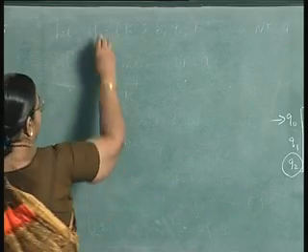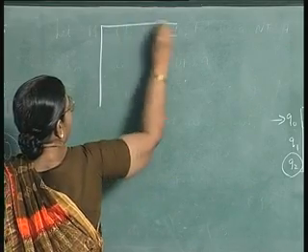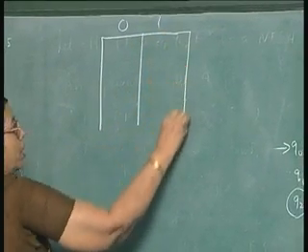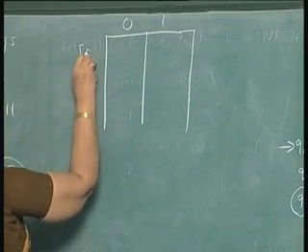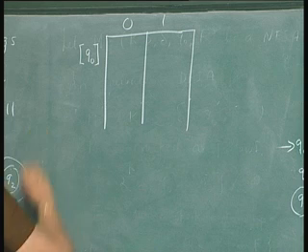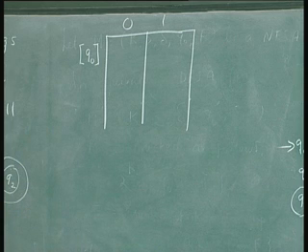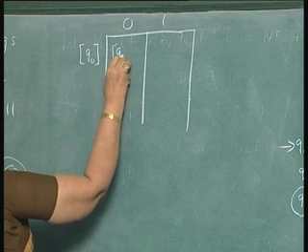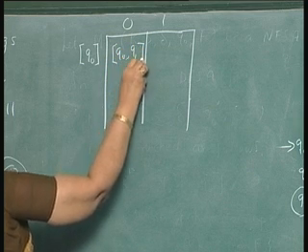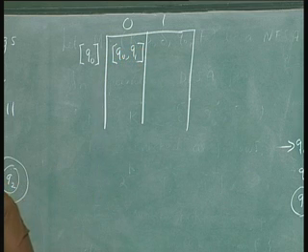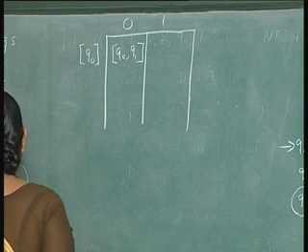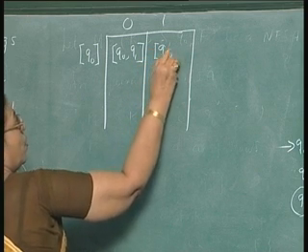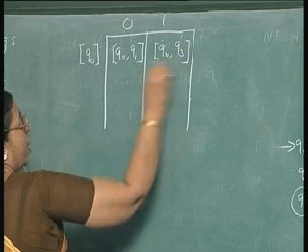Draw the state table, with columns 0 and 1. So, you have to start with Q0. From Q0, on 0 it is Q0 Q1. On 1 it will be Q0 Q3.